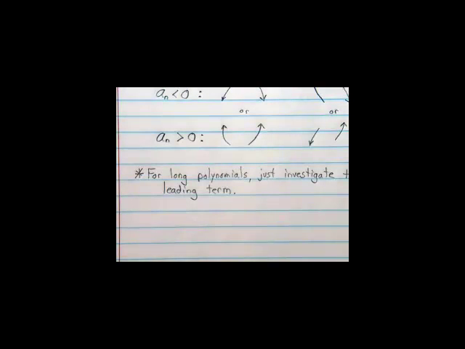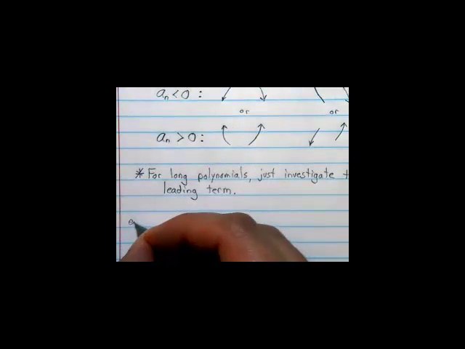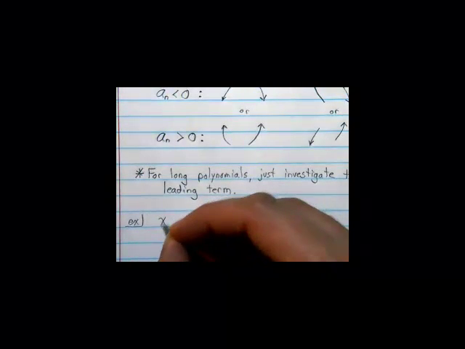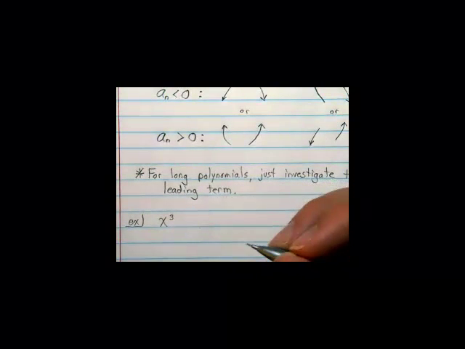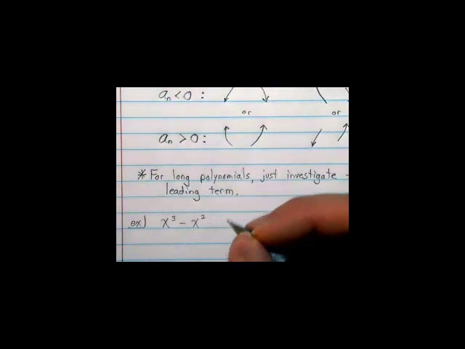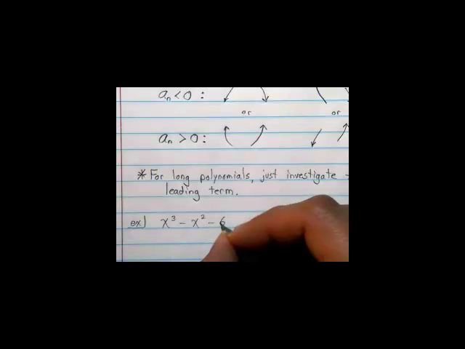Okay. So we're going to analyze, just as an example here, another polynomial. And we're going to try and do all of this stuff all at the same time. And we're also going to do a little bit of looking for some zeros here too. So let's investigate x to the third minus x squared minus 6x.